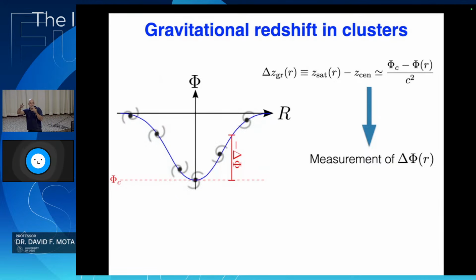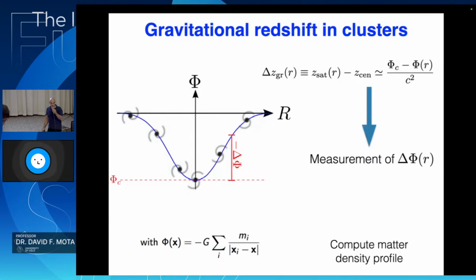As you can imagine, theories of modified gravity will change the potential well as well. So there might be something we can do with these observations of the gravitational redshift to probe and detect deviations from general relativity. If you have a measurement of the potential well, you can also have a measurement of the mass distribution in a galaxy cluster, so you can compute the density profile of galaxy clusters.